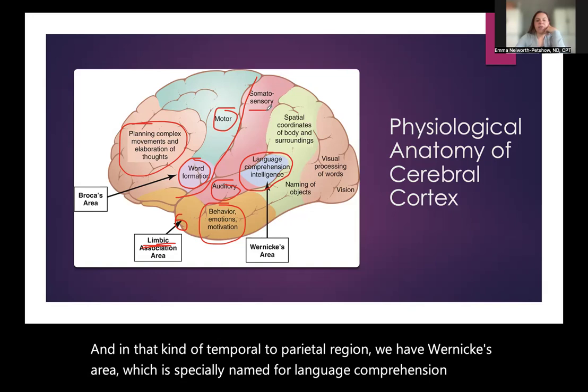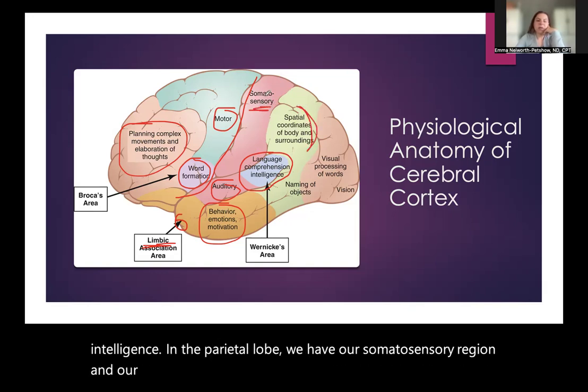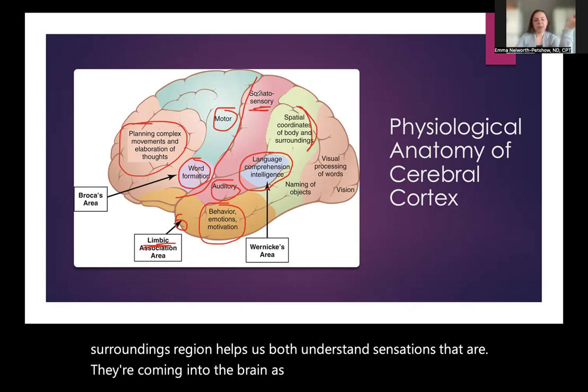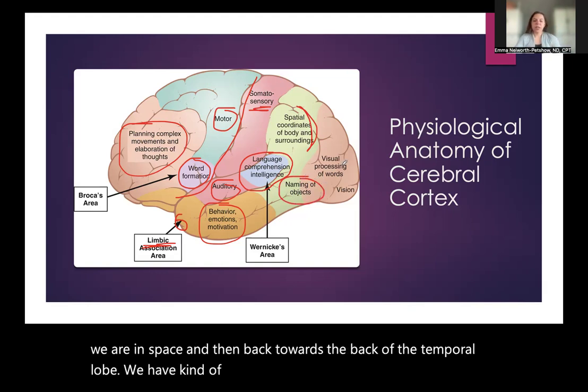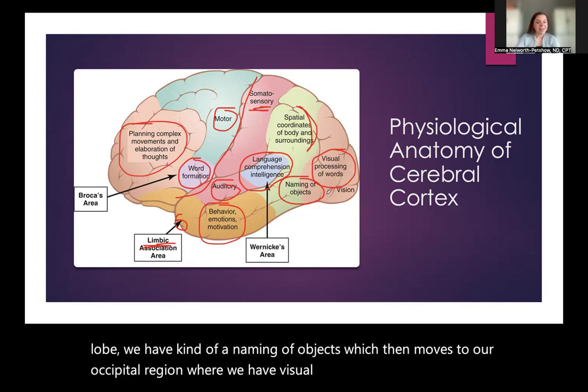In the parietal lobe, we have our somatosensory region and our spatial coordination region, our body and surroundings region, that helps us both understand sensations that are coming into the brain as well as know where we are in space. And then back towards the back of the temporal lobe, we have a naming of objects, which then moves to our occipital region where we have visual processing of words, how we read, and vision.